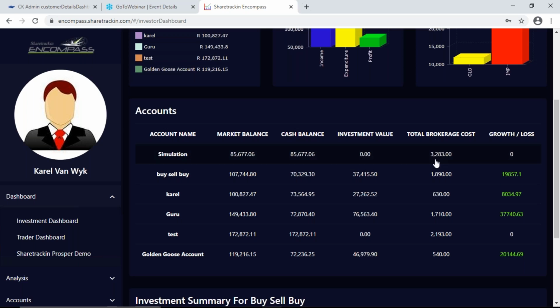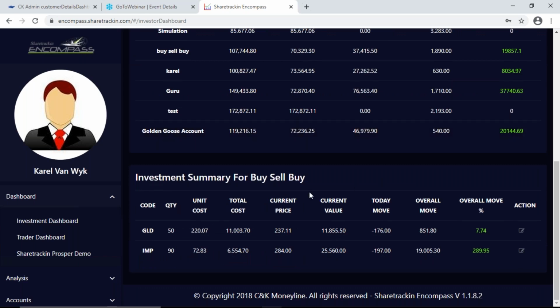Total brokerage cost. So since I started using the simulation account, how much brokerage did I pay? And then my growth and loss is how much I made or lost. Or if there's no shares like these in my test and simulation, it would then show a 0.